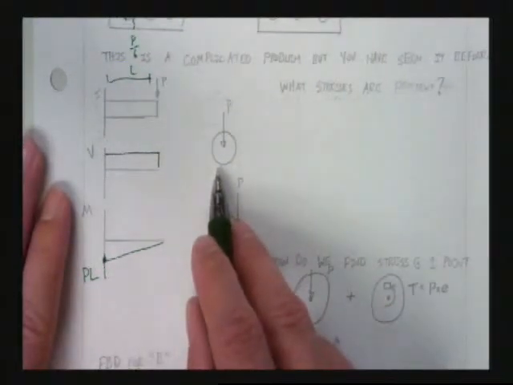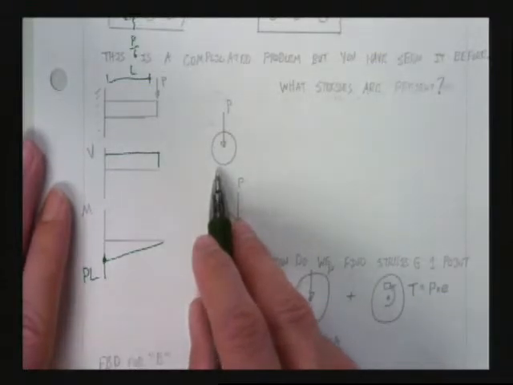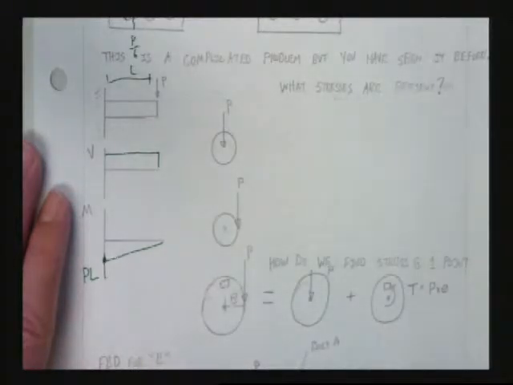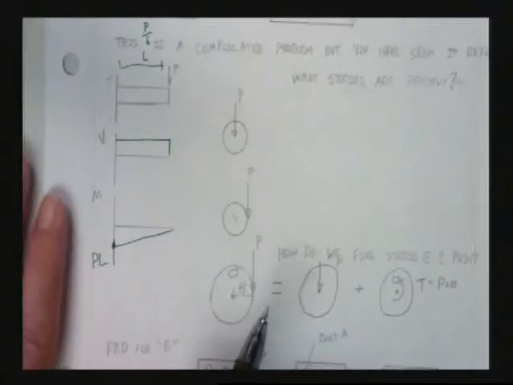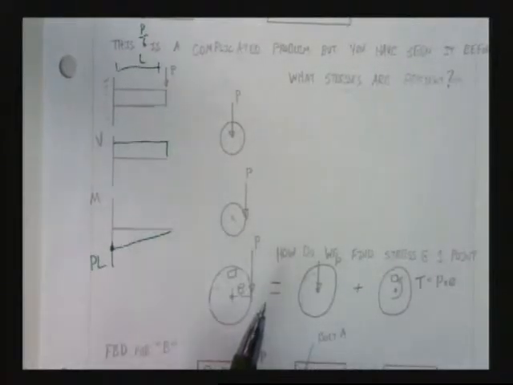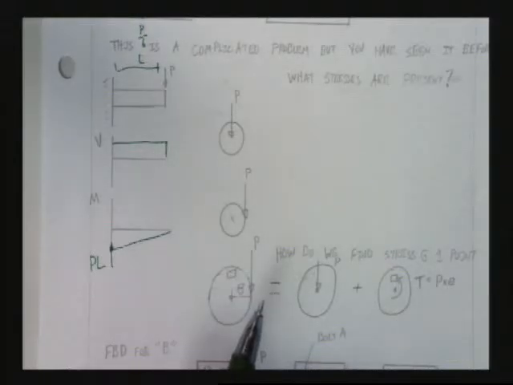Now, if our cross-section looks like this, what stresses do we have on that cross-section? This is the part where you have to really help me here. What stresses are there? Axial? No. Not pure axial, not P over A. What else? Bending.